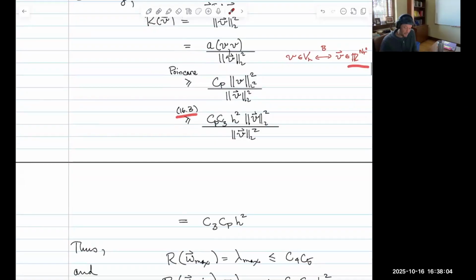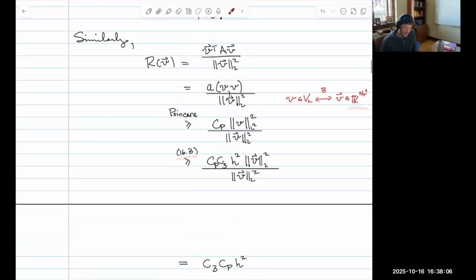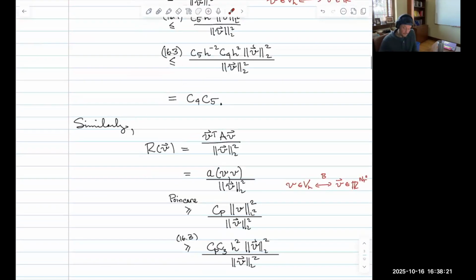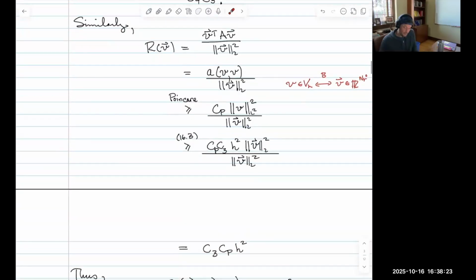But I'm going to use 16.3 again. Let's use the lower bound on that guy. The lower bound says that the L2 norm squared is greater than C3 h squared times the Euclidean norm of the coordinate vector V squared. So I'm bounding this guy from below, and that gives me a C3 h squared times the Euclidean norm of the coordinate vector squared.